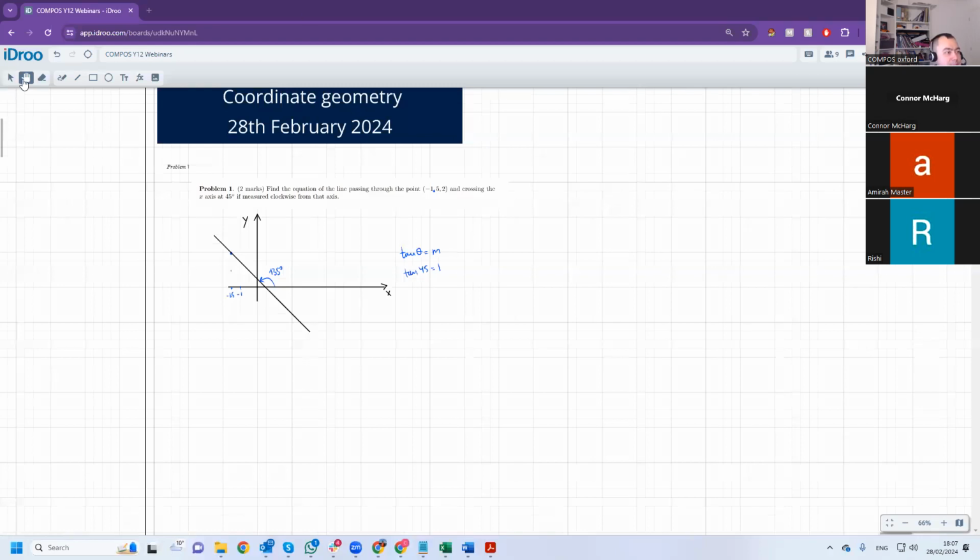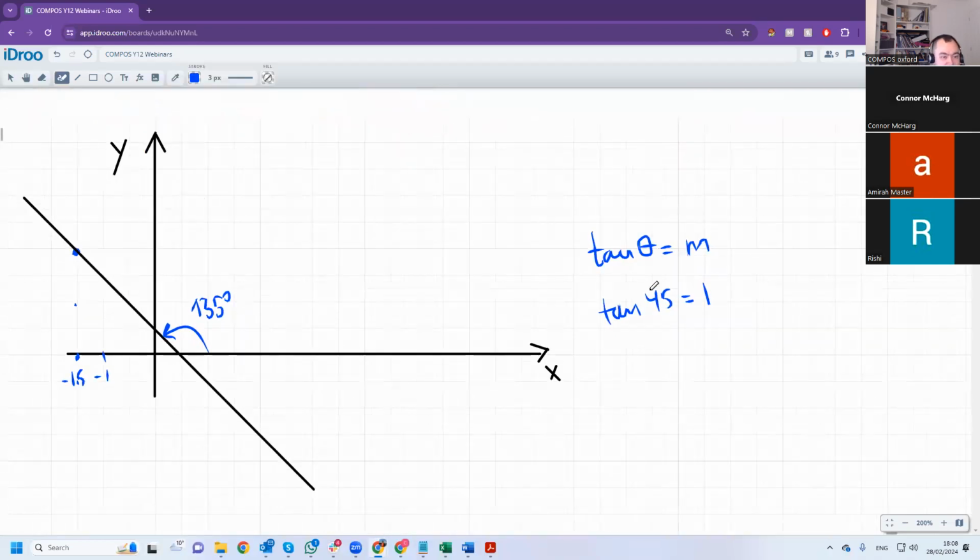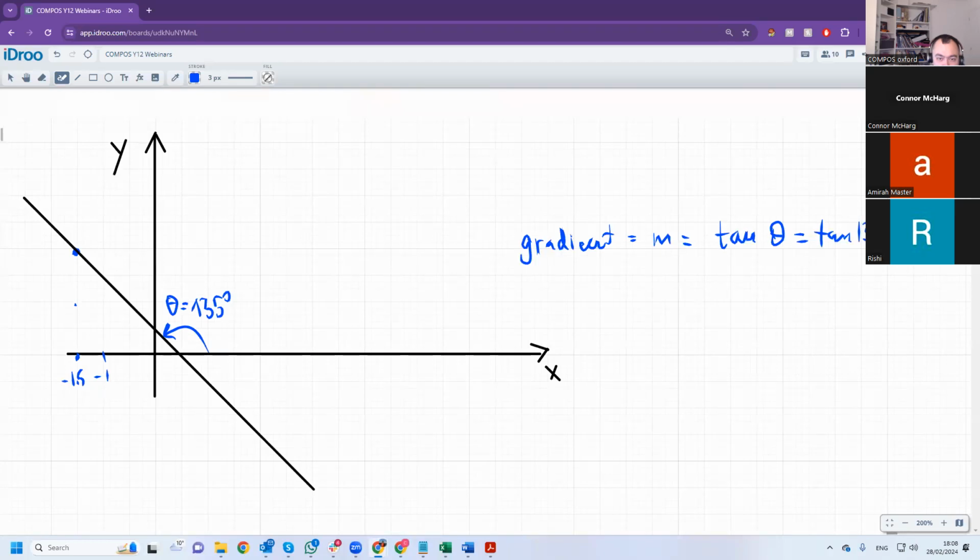Right, so the angle is 135. The gradient is the tangent of that angle. Gradient is m, and that is tan theta, which is tan 135, and that is -1.